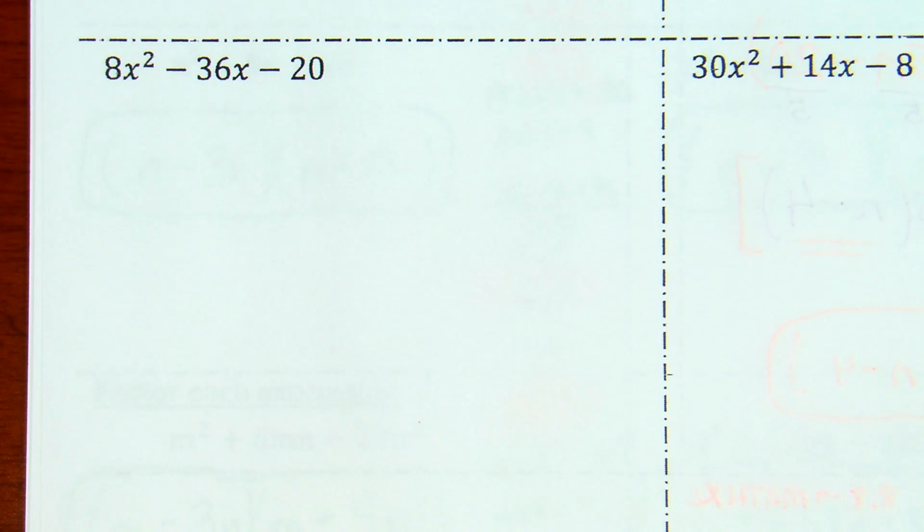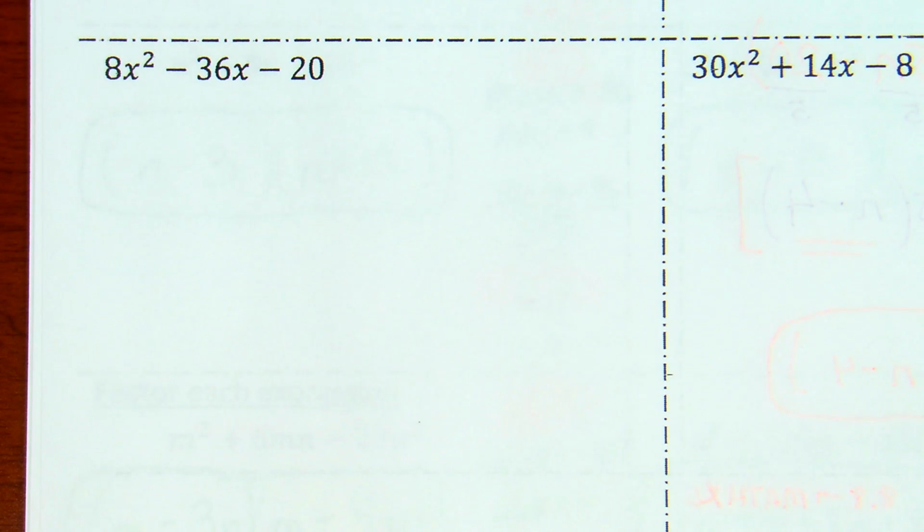So, what do 8, 36, and 20 all divide by? It's 2 and 4. It is 4. I agree.